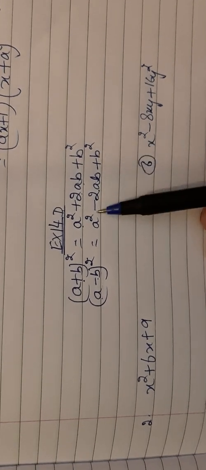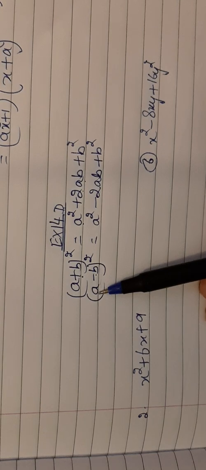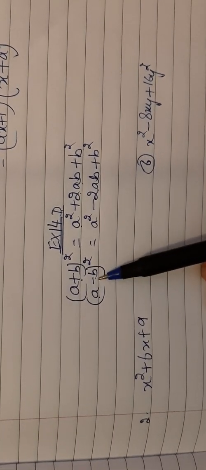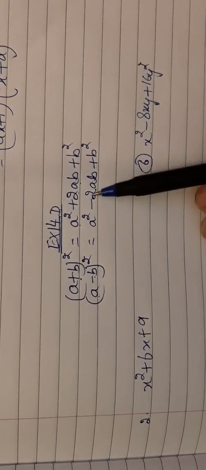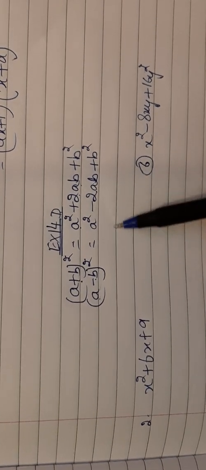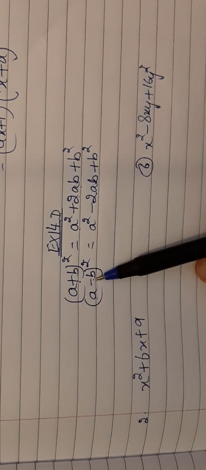But if the product is given to you and you find that it is equal to a minus b whole square, it means you are factorizing. So when you move from left to right, we are doing multiplication. When we are moving from right to left, we will be doing factorization.